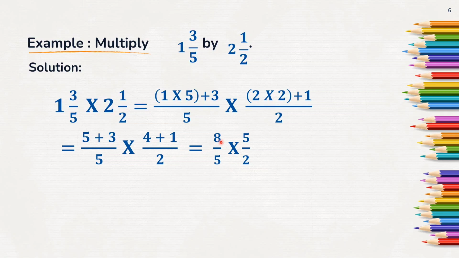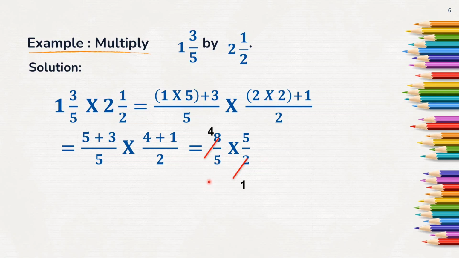Next step, here we can simplify it. How can we simplify? Here 8 and 2 both are divisible by 2, right? So 2 ones are 2 and 2 fours are 8.